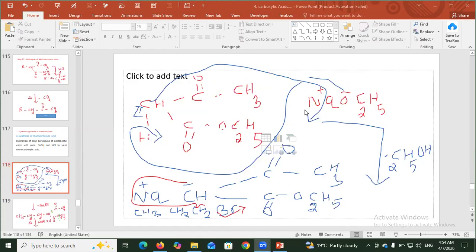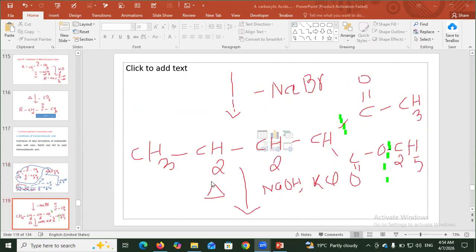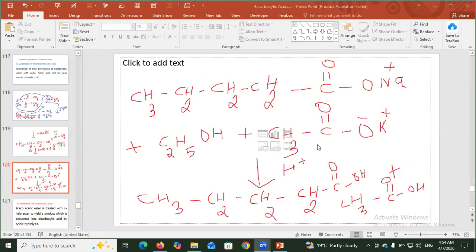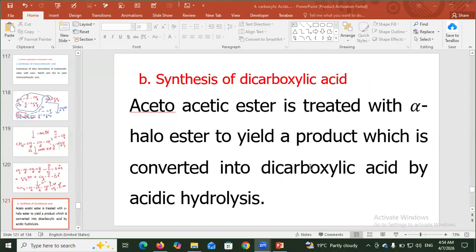Acetoacetic ester reacted with sodium ethoxide, and this carbanion attacks on alkyl halide, produces this ester and reacted with sodium hydroxide and produces the salt, and again reacted with acid, converts it into carboxylic acid.